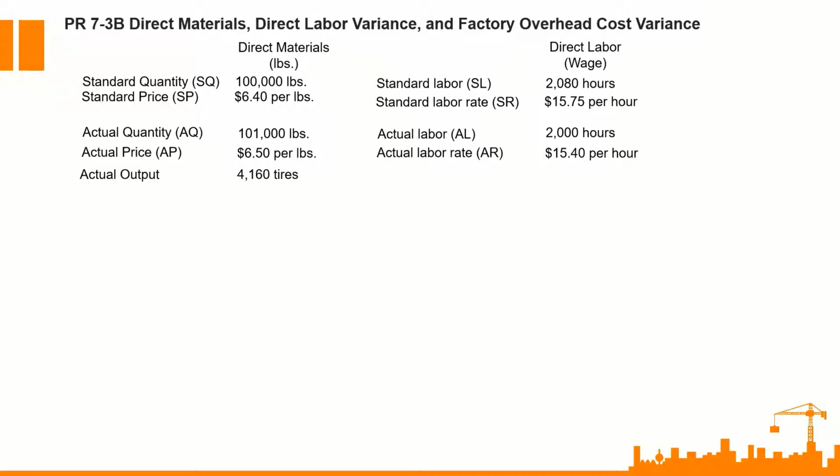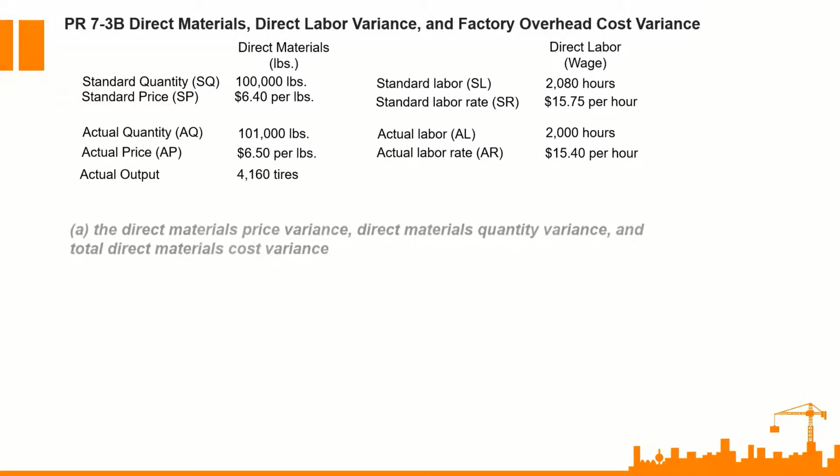And now we have here the actual output at 4,160 tires. Now that we have identified the important values relating to standard costing variance analysis, let us do the first requirement.